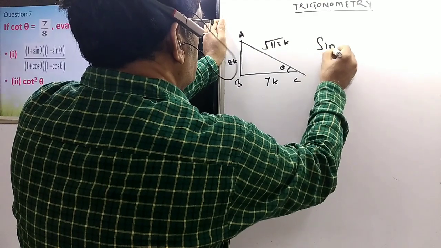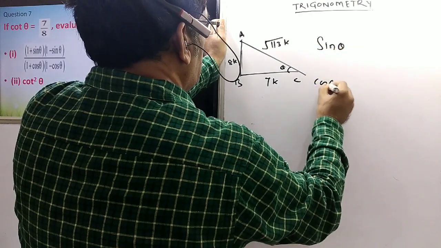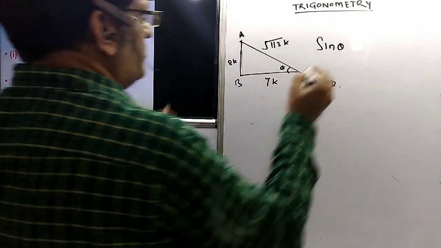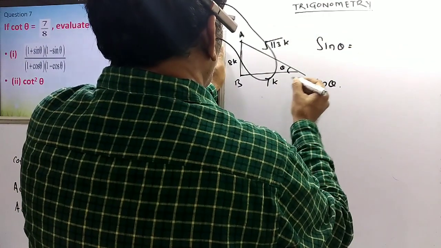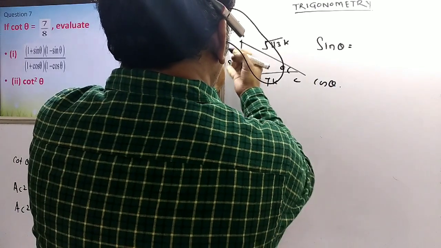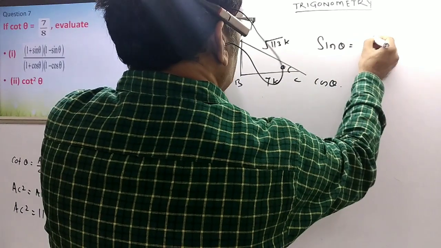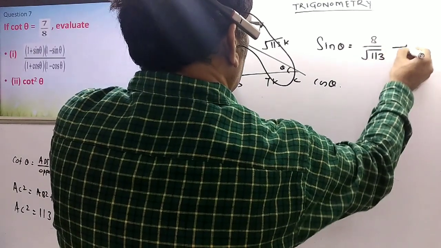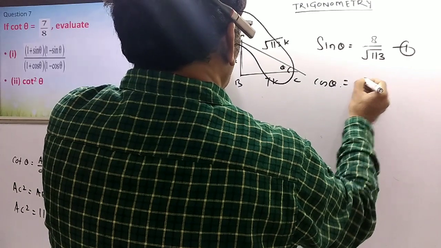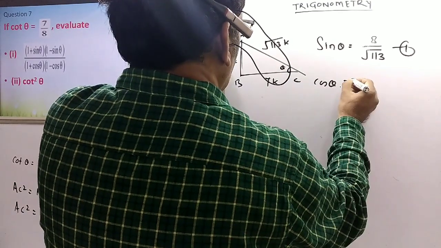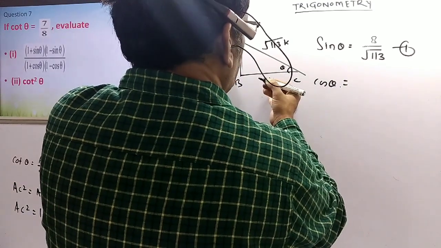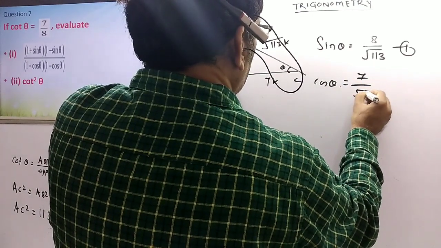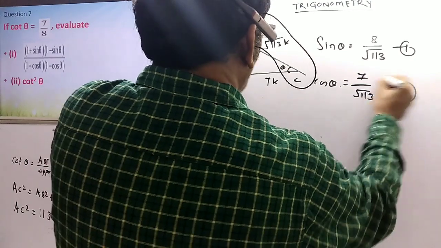First of all, find sine theta and cos theta. Tan theta means 8 by 7 we already have, so let us find sine theta and cos theta. Sine theta is opposite side by hypotenuse, that means 8 by root 113. Cos theta is equal to adjacent side by hypotenuse, that means 7 by root 113.